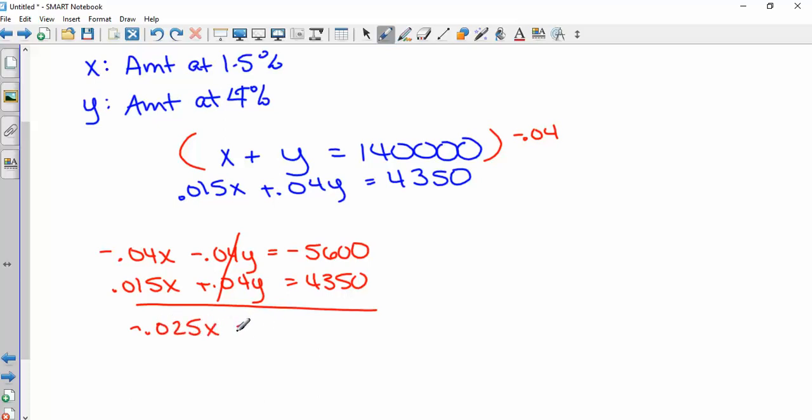Add those together. We get negative 0.025x equals negative 1,250.